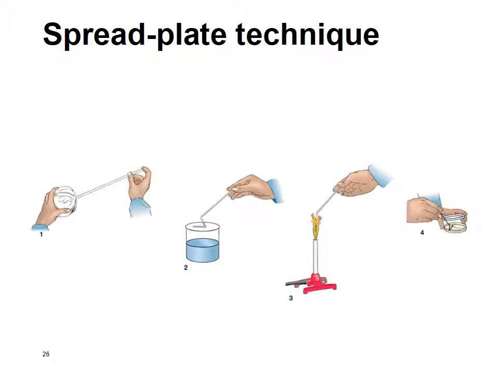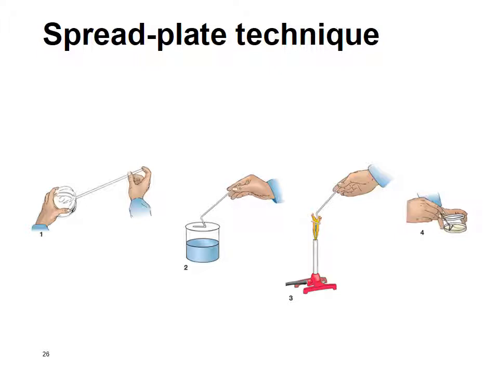Here we can follow the preparation of a spread plate. In one, a small sample of the bacterial culture is pipetted onto the centre of a nutrient agar plate. In two, a glass spreader is placed into a beaker of ethanol, and it's then briefly flame sterilised.